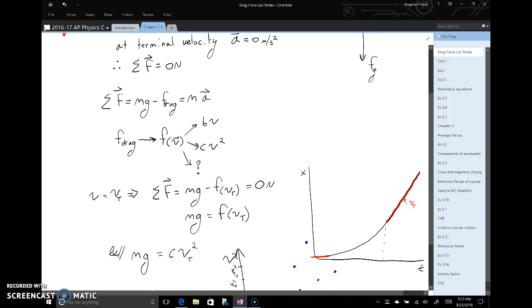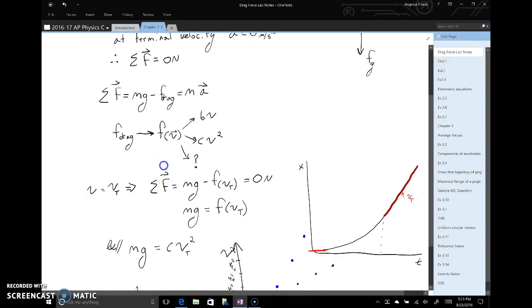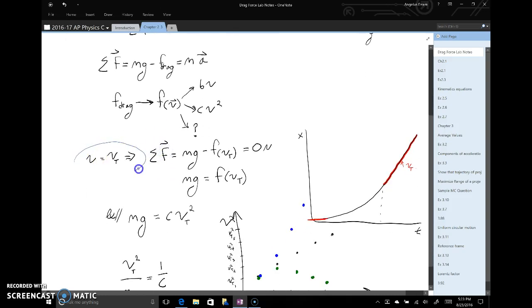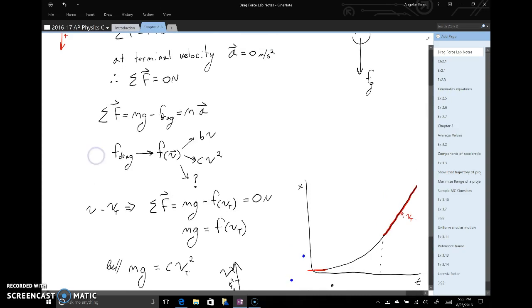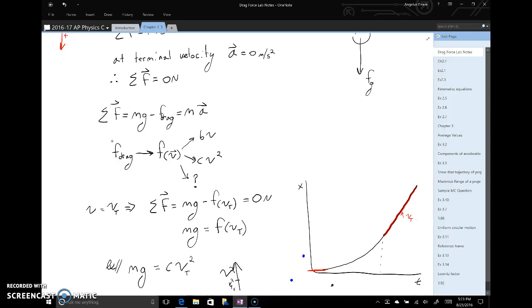So during this experiment, what we're going to do is we're going to say if the velocity the object is falling at is its terminal velocity, then the object's weight will be equal to the drag force at terminal velocity. And that's going to help us do some of this analysis. Now, one thing that you might not be aware of is the drag force on an object depends on its shape and the fluid that it's moving through, in this case air.